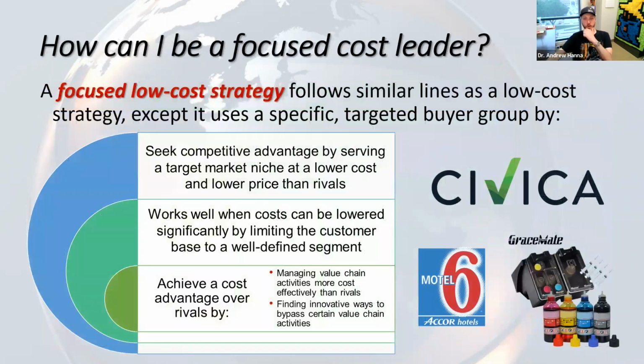So we also want to revisit this prior strategy, this broad cost leader strategy, but in the context of the niche or the focused market as well, right? Because we do also talk about this focused low cost strategy. So focused strategies just concentrate, like we said before, our attention on a narrow piece of that overall market.